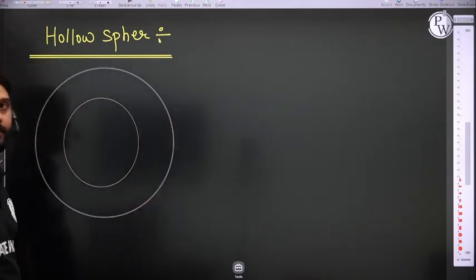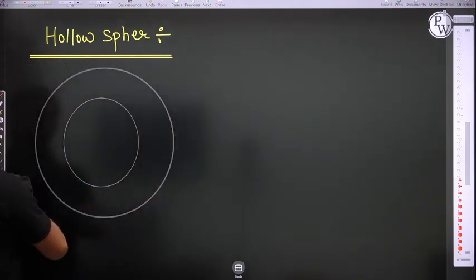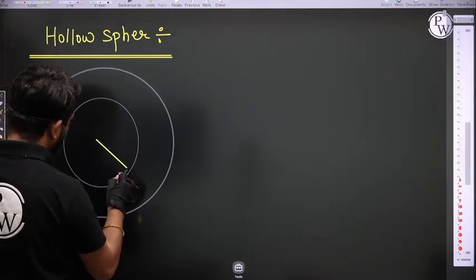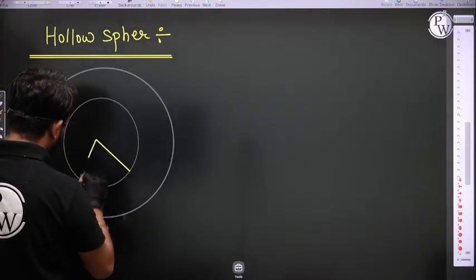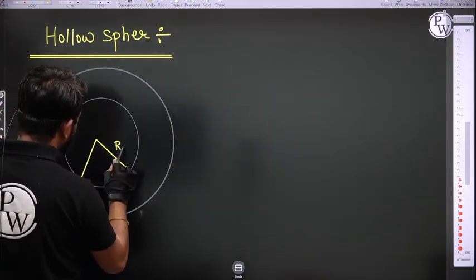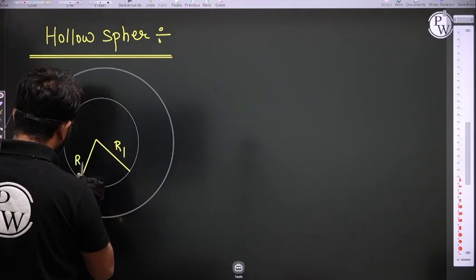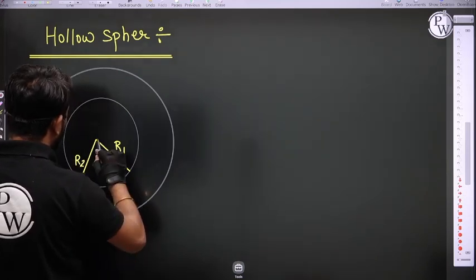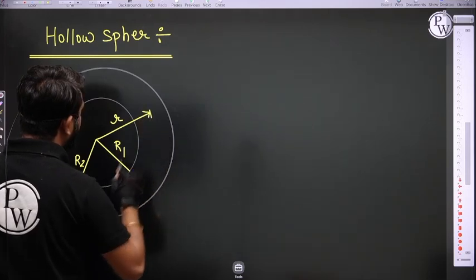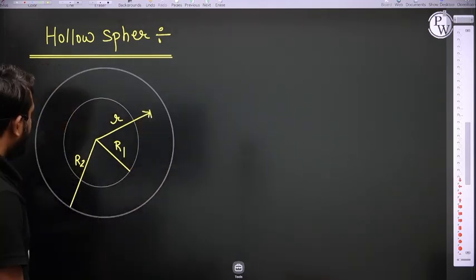This radius is R1, this radius is R2, and any radial distance is R.